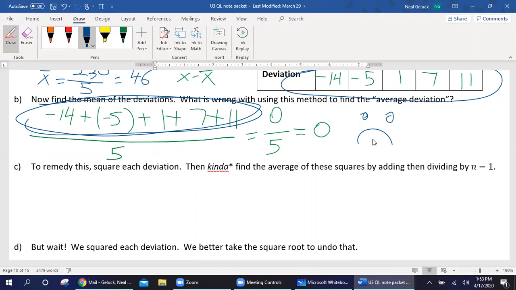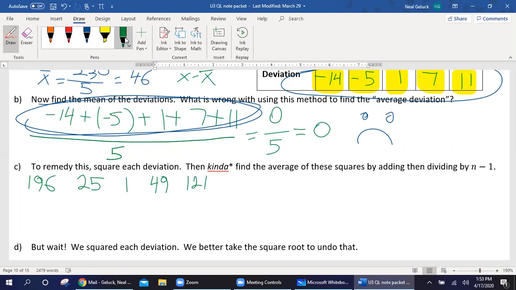So I'm going to square each one of these numbers. Negative 14 squared is 196. Negative 5 squared is 25. 1 squared is 1. 7 squared is 49. 11 squared is 121.